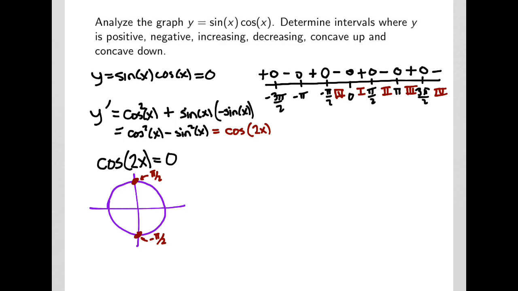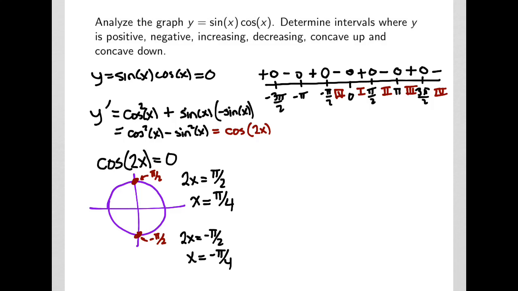And the difference that we have to keep in mind is that it's not the cosine of x, but it's the cosine of 2x. And so I'm going to have to think about my angle 2x equals pi over 2, or 2x equals negative pi over 2. So if I divide each of those by 2 in order to find my x, I get x equals pi over 4, or x equals negative pi over 4.